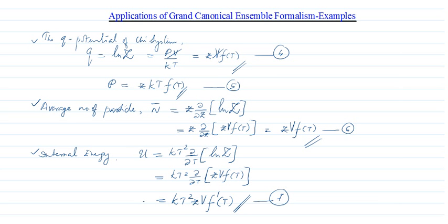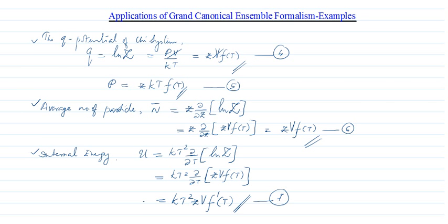Now in the same manner, you have got both P and N. Since you have got both, consider the ratio of equation number 5, which was for pressure, divided by the equation for the number of particles, that is 6.